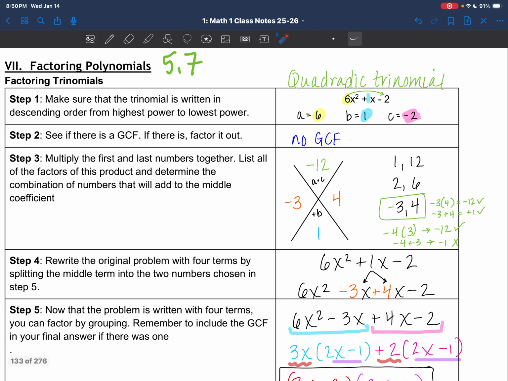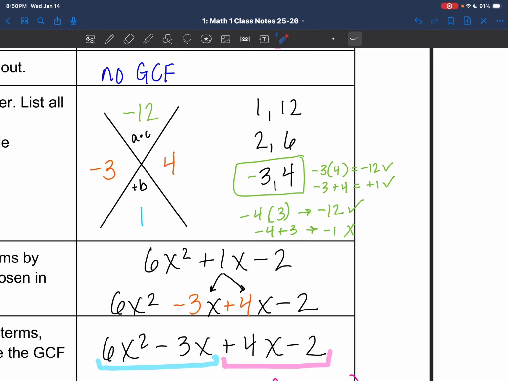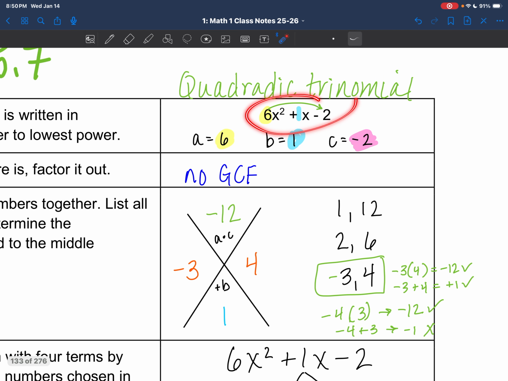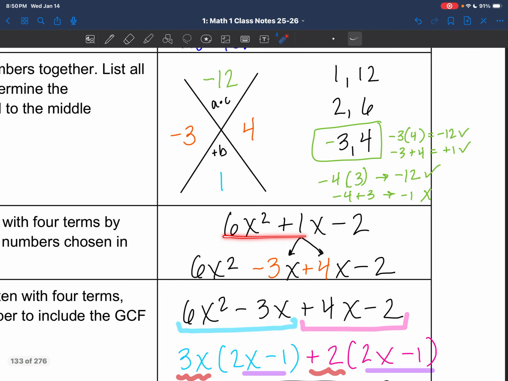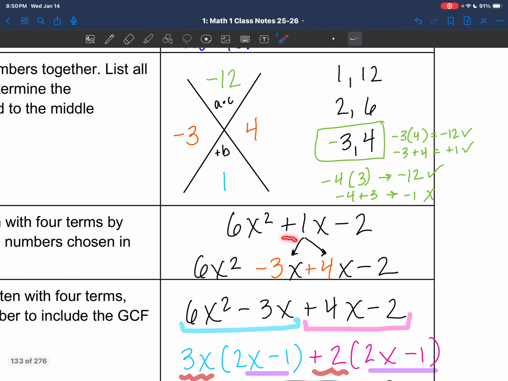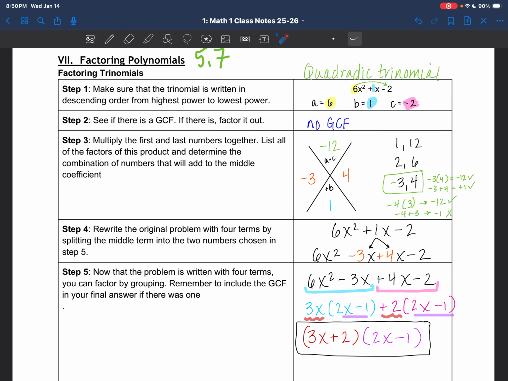We take our original equation and write it here, and we split the middle term into -3x and +4x. Make sure you bring the other parts down. Now that we've split this term into these 2 terms, we can do grouping.